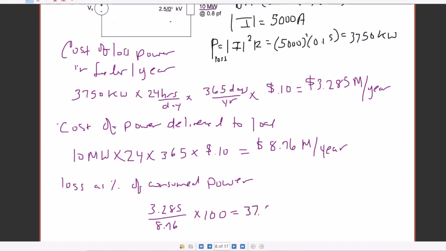And you get 37.5%. So obviously that's not good if I am getting rid of almost half of the power just to get what I need at the output.